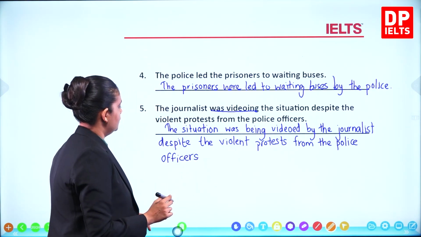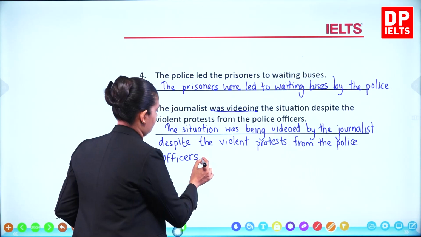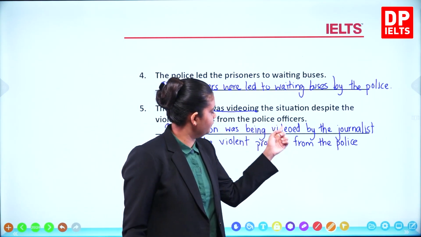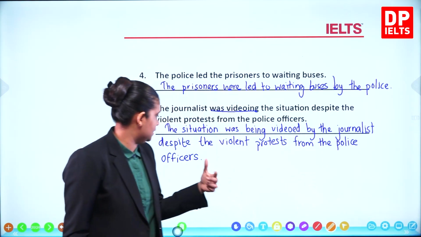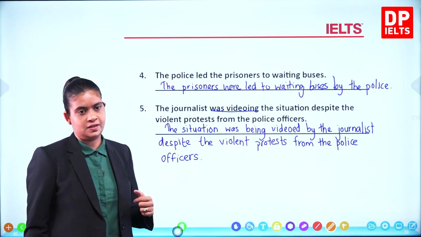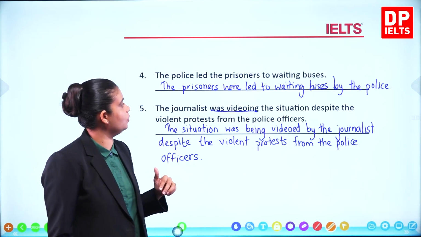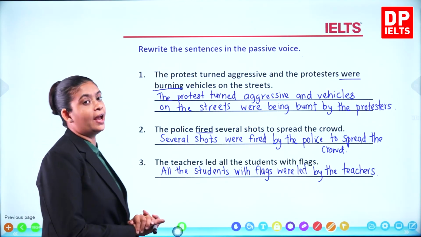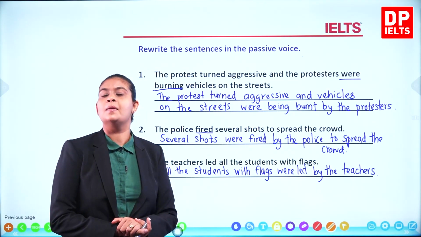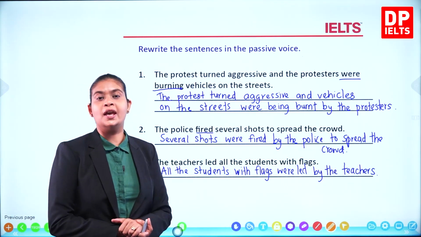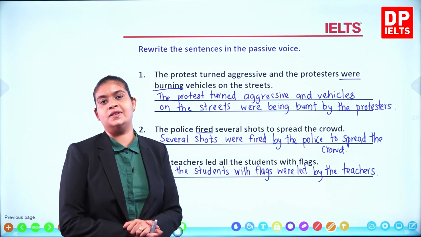Right? So, first up, the situation was being videoed by the journalist despite the violent protests from the police officers. So here now we have got the 5 sentences and we have rewritten them in passive voice. Right? Let us have a look at the next activity.